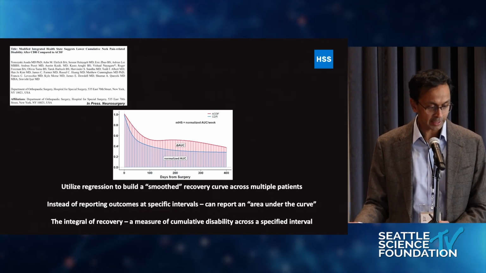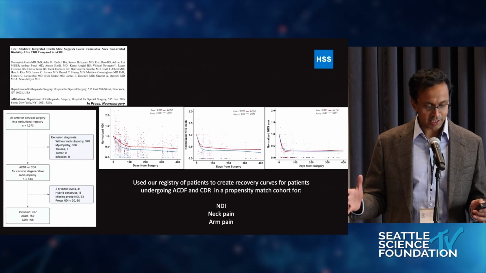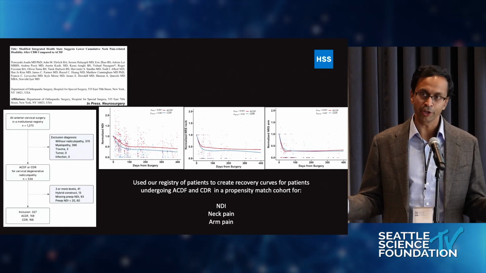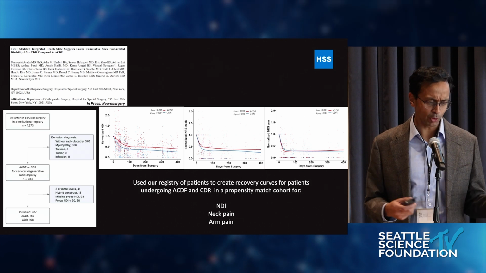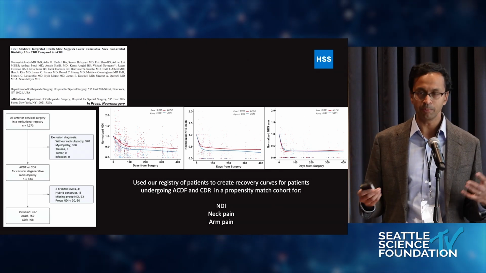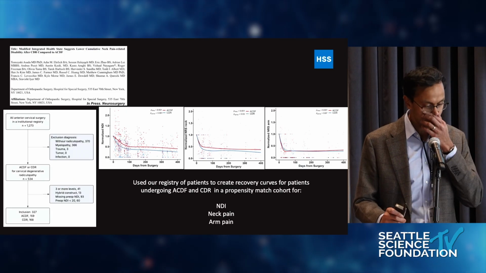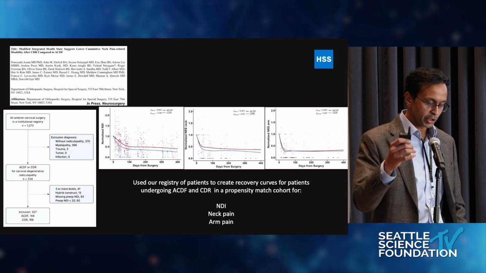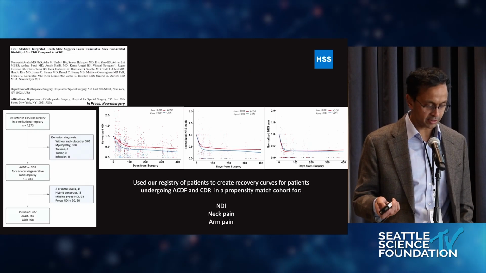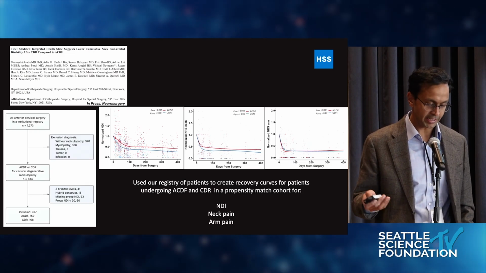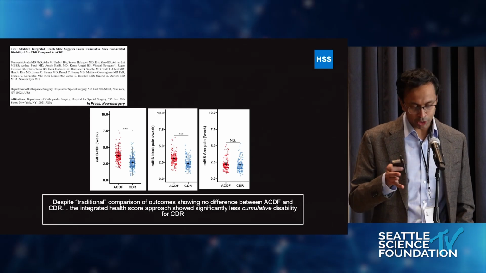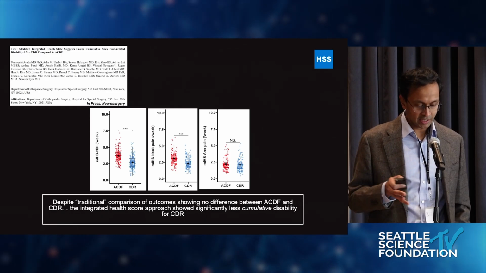across whatever interval you want to specify. When you apply this to, for example, ACDF and CDR, there's obviously lots of literature on this topic. Even when we looked at our registry in the past, we basically concluded that ACDF and CDR are very similar operations with largely similar patient outcomes. But when you take this approach and look at the integrated curves for all these different outcome measures, specifically NDI, neck pain, and arm pain, what you'll see is that when you traditionally compare averages, there's no difference.